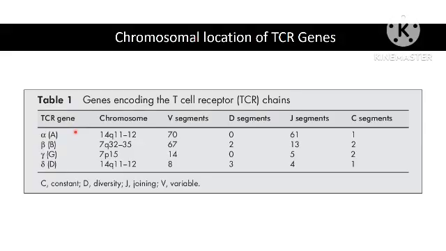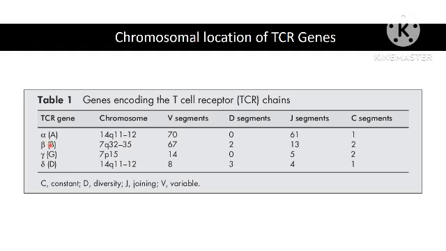There are 4 different types of T cell receptor chains: alpha, beta, gamma, and delta. Alpha and delta are located on chromosome 14. Beta and gamma are located on chromosome 7. That's why I was saying that when alpha rearrangement happens, it automatically deletes the delta locus, and we don't see delta rearrangement in alpha beta positive cells.